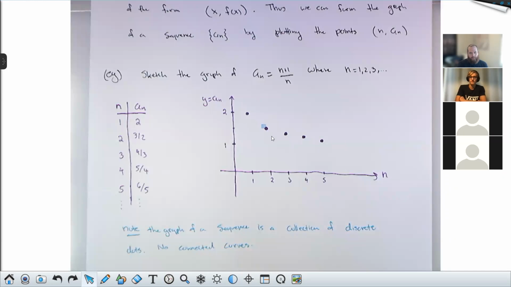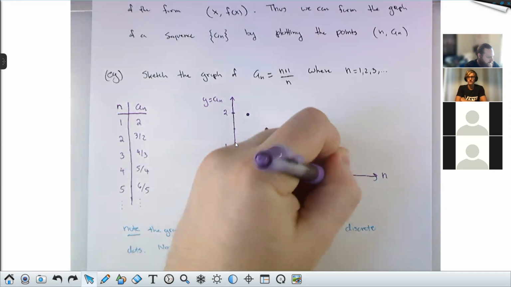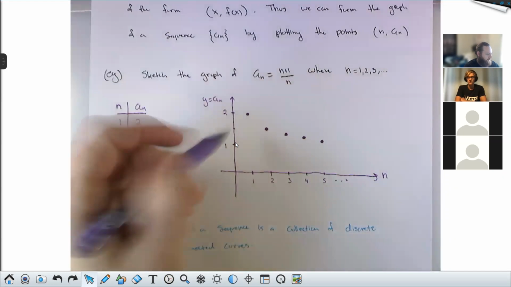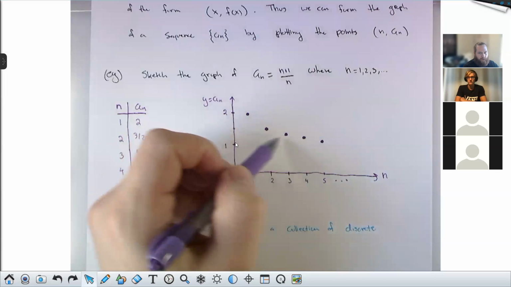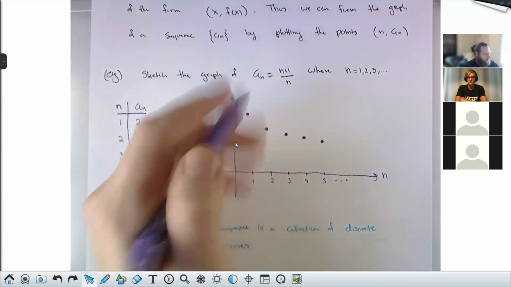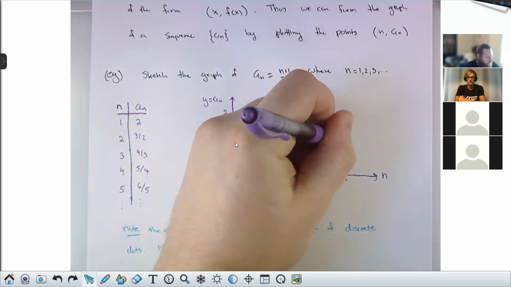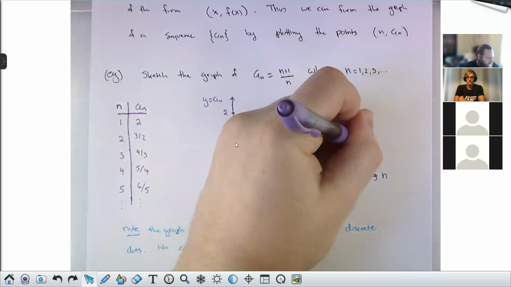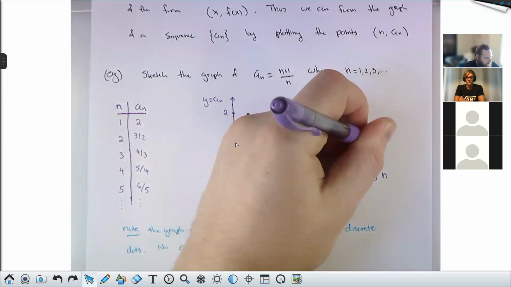I cannot take the limit as n goes to 2, because I can't approach 2 from the left and from the right, because there isn't anything there. But if you wanted to guess at what the next few dots on this curve look like, well, they're going down, down, down, and they're going down in this concave up way.